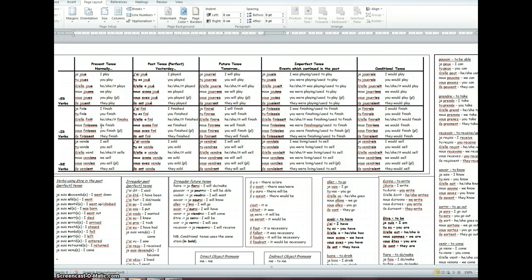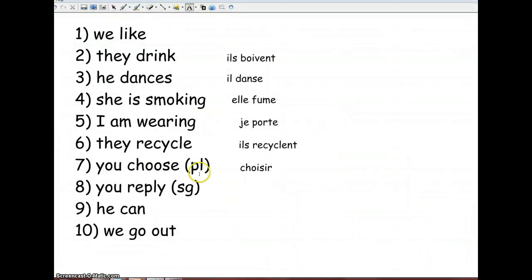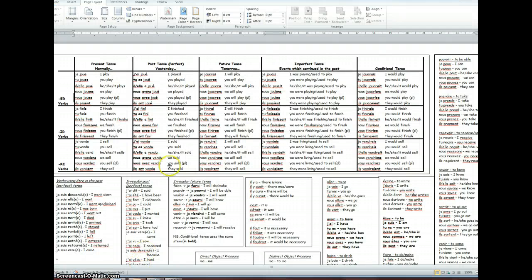So we wanted you choose, and we've got the PL there, meaning plural, more than one person. So we need to remember that the word for you in the plural is vous. So we're looking at the vous one, not the tu one, because that's only one person if you're not being especially polite to them. And the PL there shows you that anyway on the learning mat. And we can see we've got a different ending compared to the ER ending, which is just EZ.